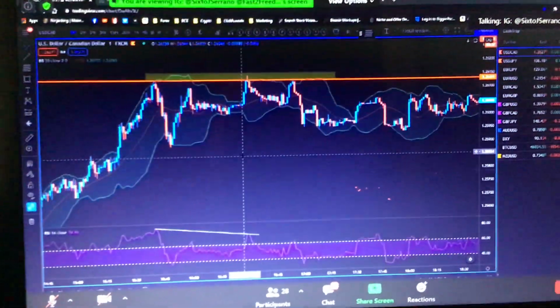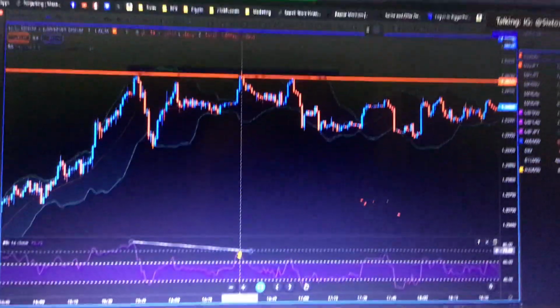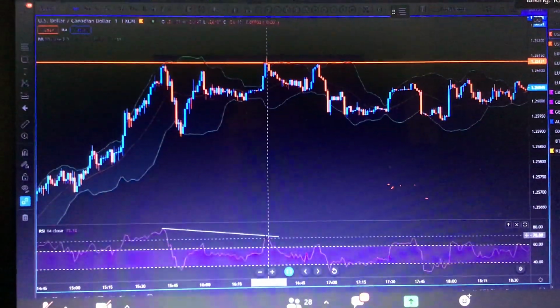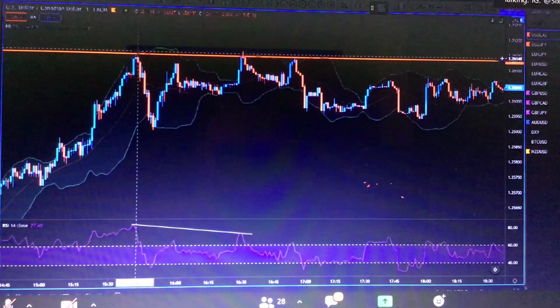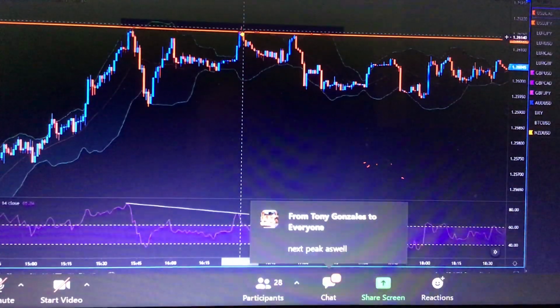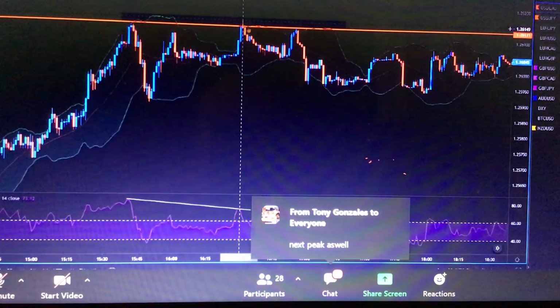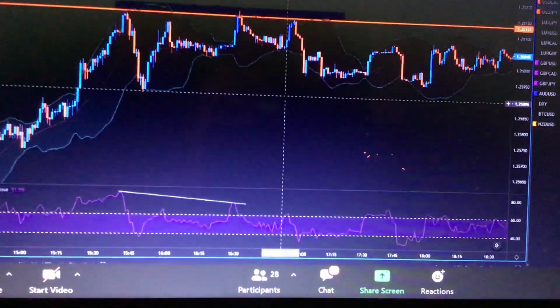Are you guys getting this? So if I see that it's lower than it was when it was at this price point the first time, guess what? I'm getting in for a 3-minute sell opportunity.